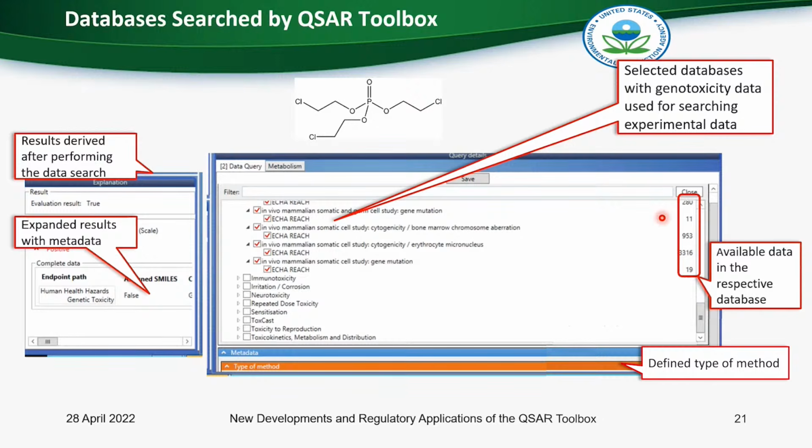This is all of the data that it found searching all of its databases. And if you look down here, we could see the different types of methods. If you expanded this, it would say we're searching for in vivo. On the left, we can find the exact study that yielded this positive result. So the user can get the study, look it up on their own and verify for themselves that this is in fact a positive data point for in vivo genotoxicity.